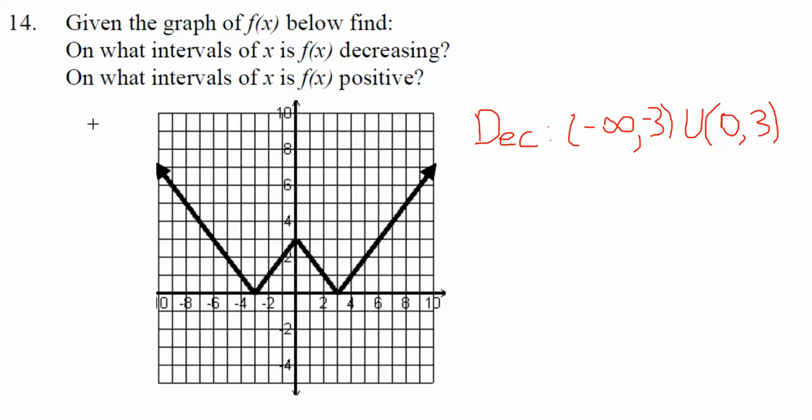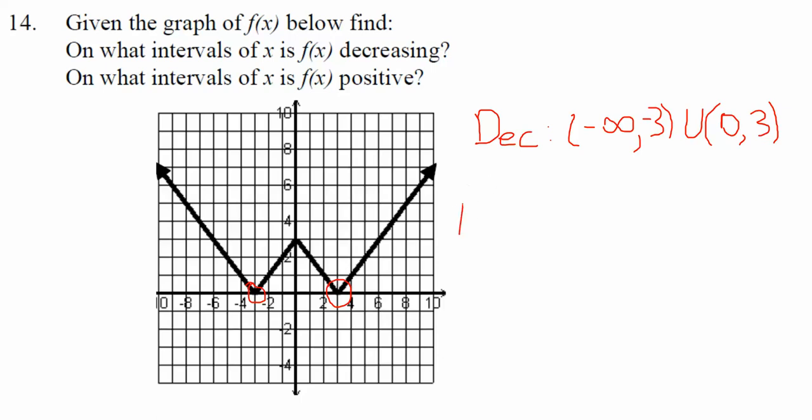Now on 14, where they ask us when is it positive? Well, honestly, the trick here is that it looks like it's positive all the time. Not quite. What we end up having is that it is positive everywhere except for these 2 points, because at those 2 points the value is 0.